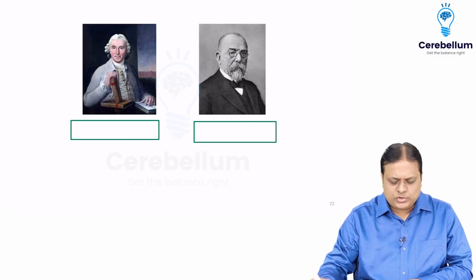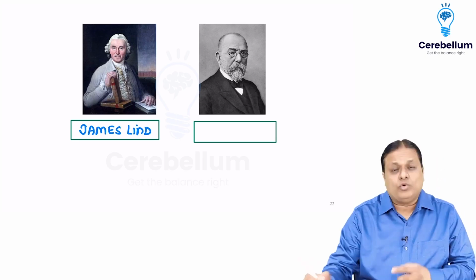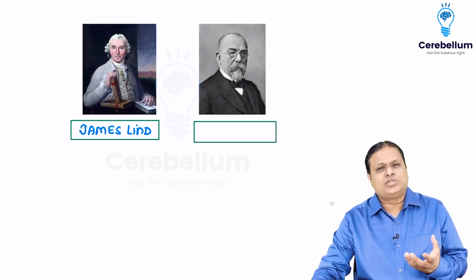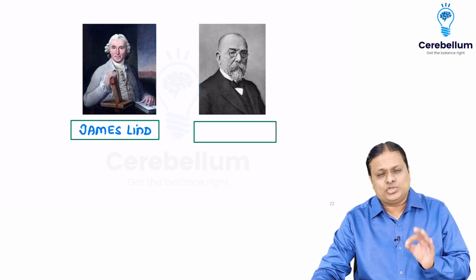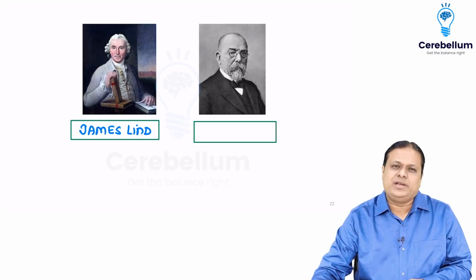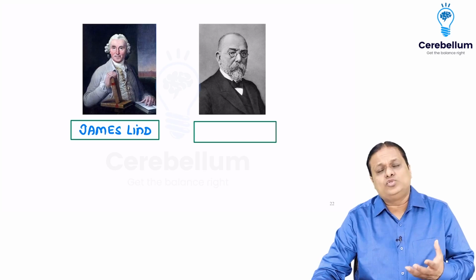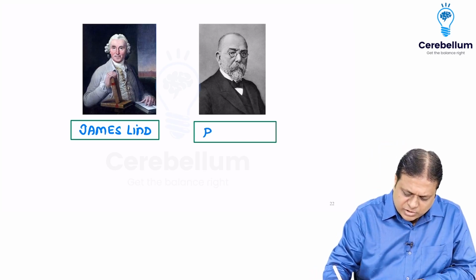On the left side of your screen is James Lind. What is his contribution? No, it is not scurvy. It is not vitamin C. He discovered and postulated that citrus fruits are useful in prevention and treatment of scurvy. Scurvy which used to be so common in sea sailors. Image on the right is Sir Robert Koch.